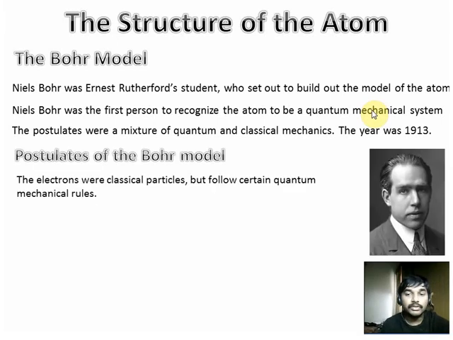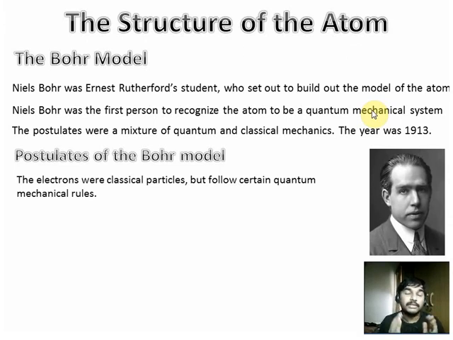So this is Niels Bohr, and what he did was treat electrons as classical particles. So they follow classical trajectories and everything. We'll soon learn what we mean by classical trajectories and quantum trajectories. You have them moving in particular trajectories which you can trace and draw on paper.